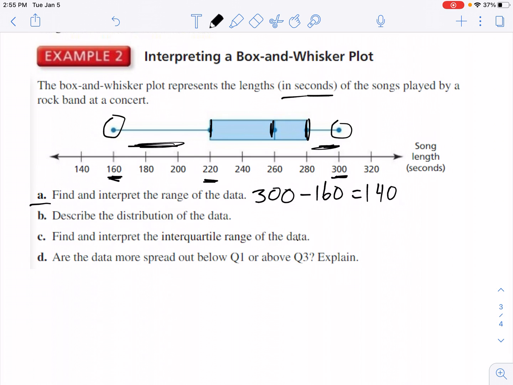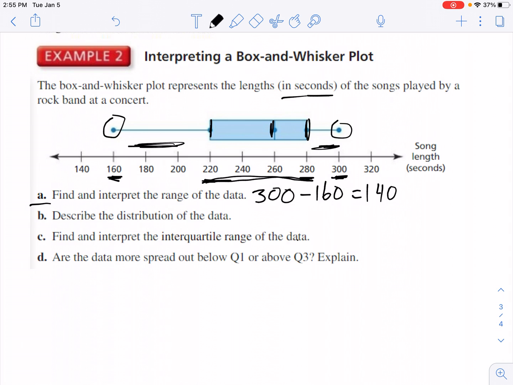And then 25% of things on the upper end doesn't vary much more than by 280 to 300. But the great majority, the 50% in the innermost, most of your songs in the inner 50% are somewhere between 220 seconds to 280 seconds. So most of the songs that they heard occurred between 220 seconds and 280 seconds.